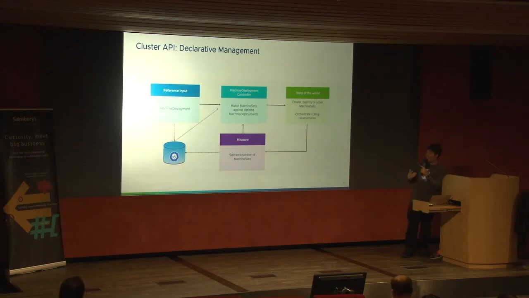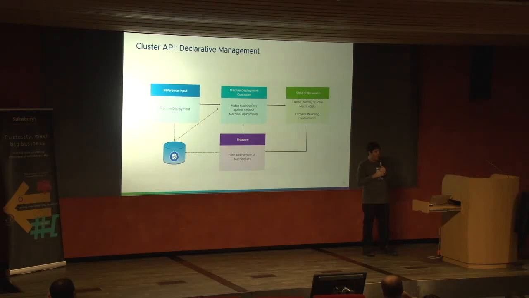And the machine deployment works the same. It will look at 2 different machine sets and go, well, you changed the version, there's 5 of the old one, there's 3 of the new one, and you want 5 of the new one. So we need to kill some of the old versions and create more of the new version.